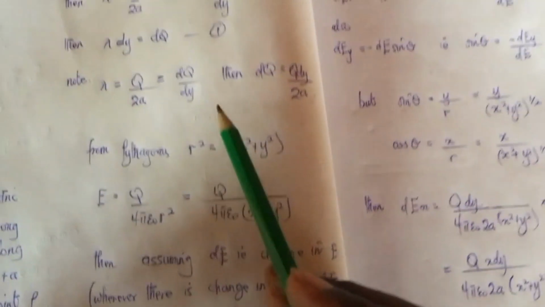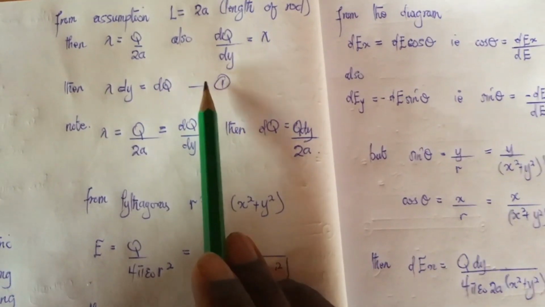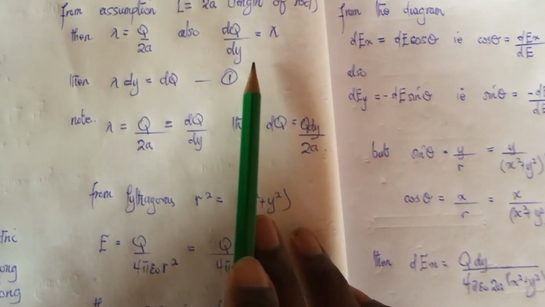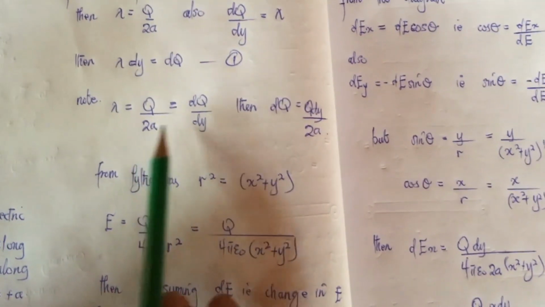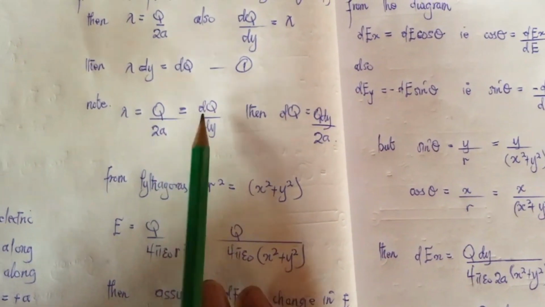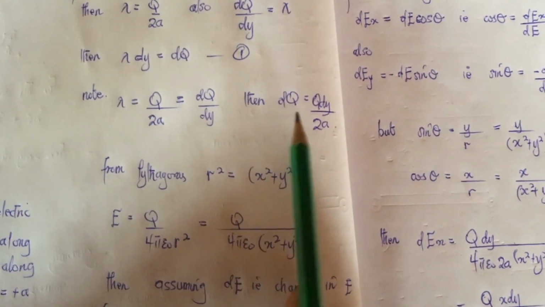That's how we get another lambda, equal to dq over dy. If we have these two formulas, then we can equate them. So our lambda is equal to Q over 2a, which is also equal to dq over dy. From here, we can make dq the subject.